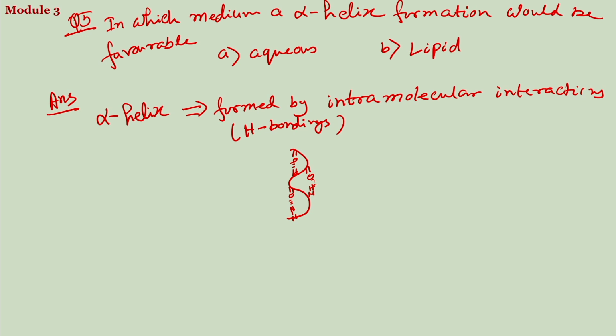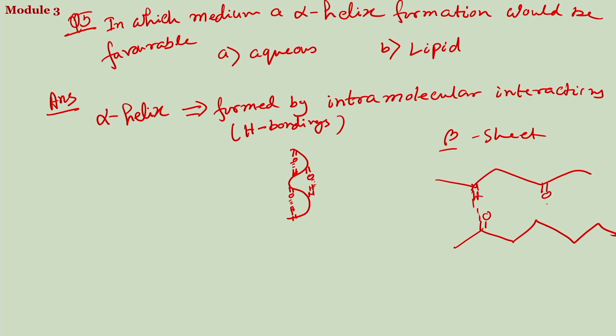The other form is the beta. If the beta conformation is formed, then that is because of, as we have mentioned, intermolecular hydrogen bonding, NH, CO between two molecules, CO, NH, and like this, that will allow the formation of a planar structure.